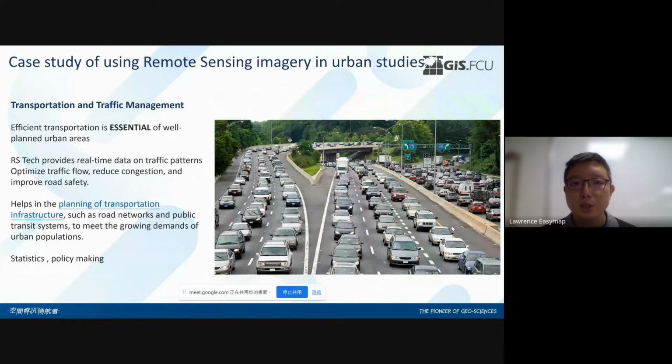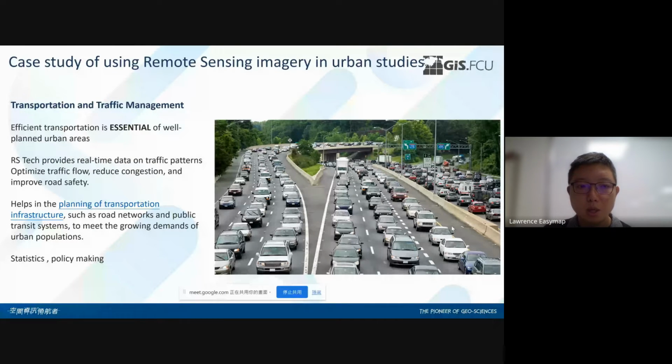The second one is transportation. Transportation planning is essential for urban planning, and I think this is common sense. So remote sensing technology provides some real-time data. I think it's mainly about the satellite image, because the satellite image is an instant picture to analyze the traffic patterns and optimize the traffic flow.